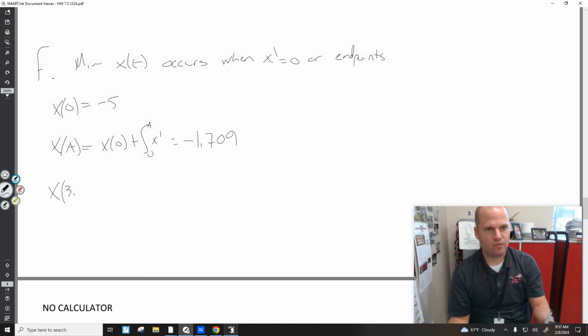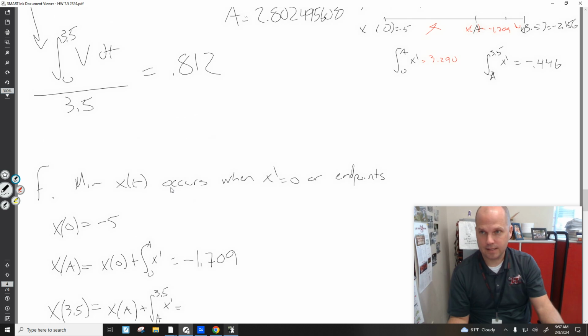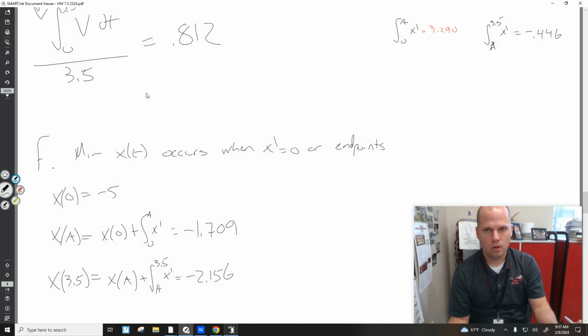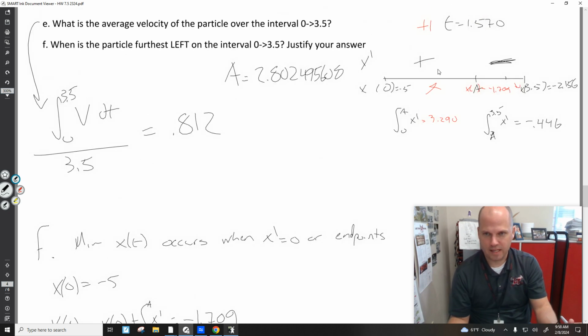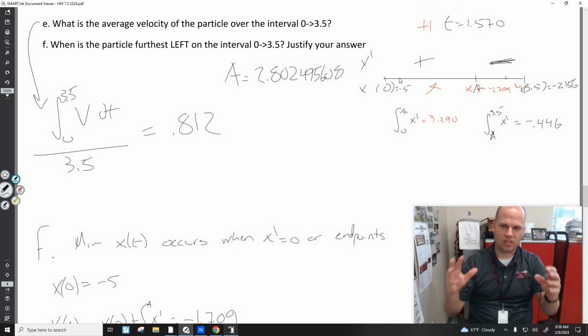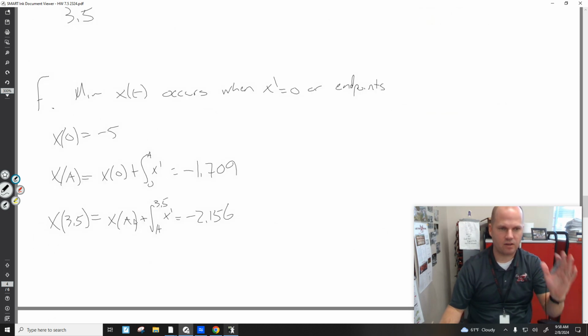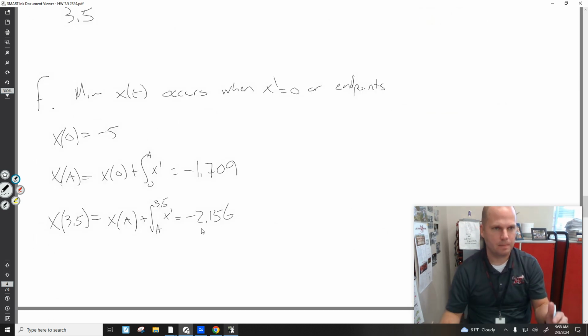X of 3.5 is x of A plus the accumulation from A to 3.5 of x prime, which is V. And I got negative 2.156. This must be written. You must show the work in getting this. This does not count as work. This counts as something that you can reference, but then you have to write down exactly how you're getting this, which we've been doing.